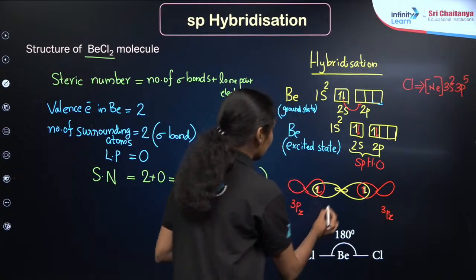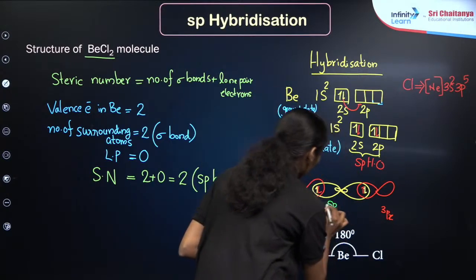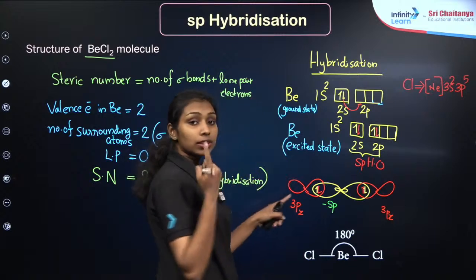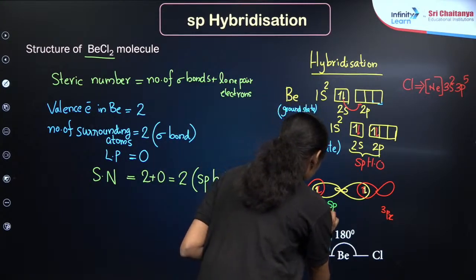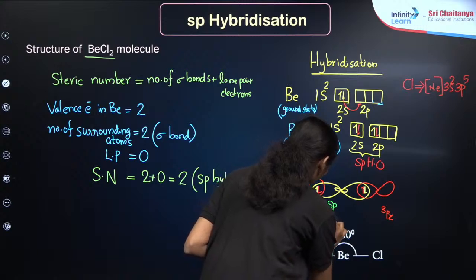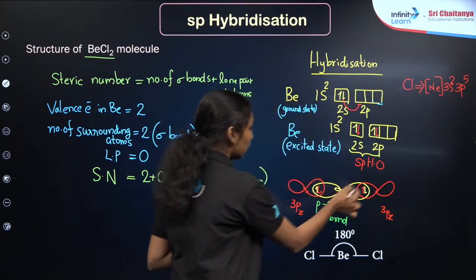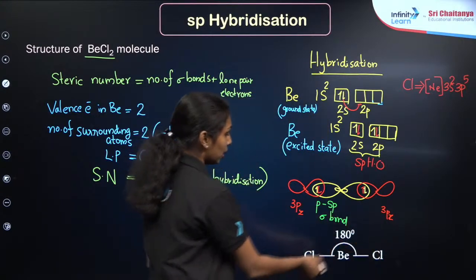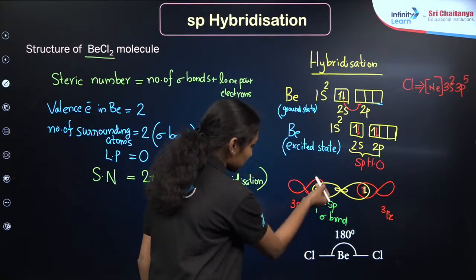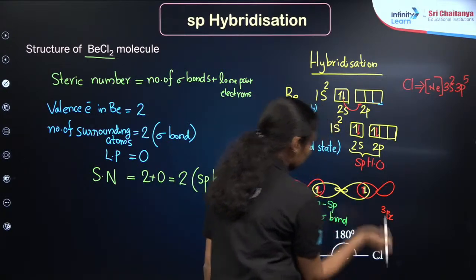Which means that this is our sp hybridized orbital. This sp hybridized orbital and 3p orbital of the chlorine will undergo axial overlapping to form sp-p sigma bond, right? Here one of the sigma bond and here next sigma bond. That is representing the structure of BeCl2. This Be-Cl sigma bond corresponds to this overlapping, and this Be-Cl sigma bond corresponds to this overlapping. Is that clear?